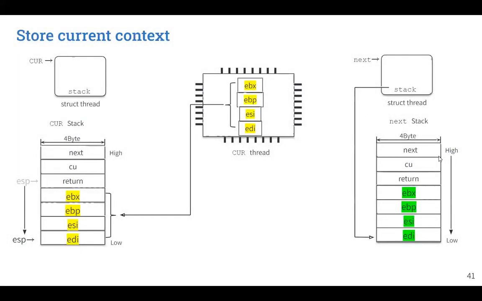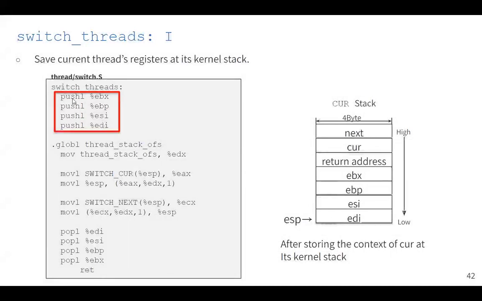First, you should store the current context, meaning you should store the values of these 4 registers. So you push these register values to the current kernel stack, and also decrease the ESP value. That's done with these commands here.